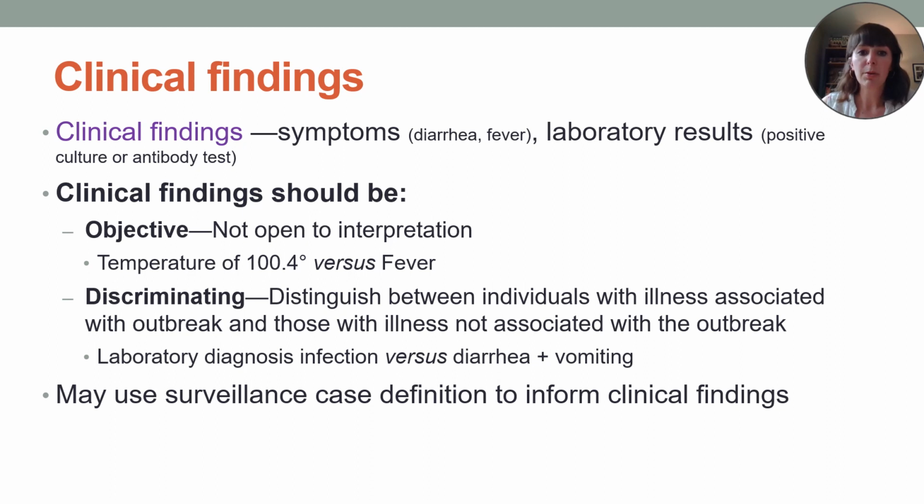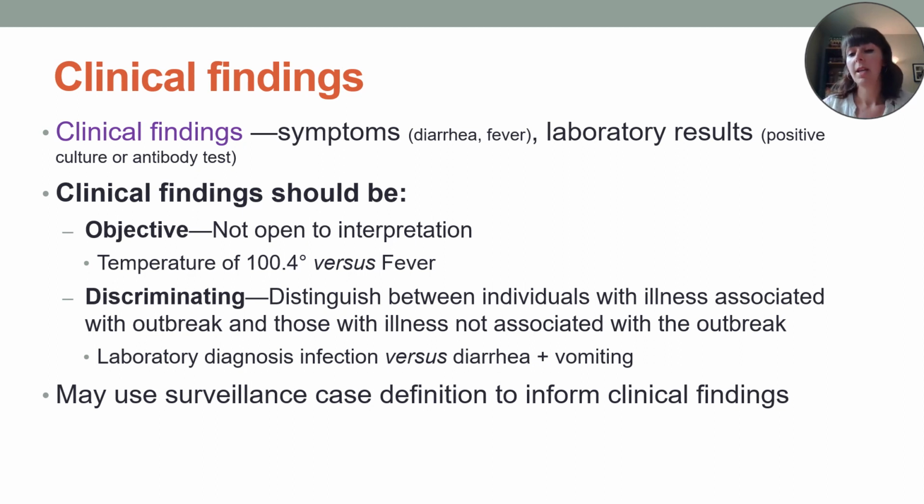Now, these can include descriptions of the symptoms, such as things like diarrhea and fever, or you may be able to restrict your clinical findings to a specific laboratory diagnosis, such as some culture-positive tests or other tests that confirm the disease. Whether you are including symptoms, laboratory tests, or both in your case definition ultimately relies on what information you have available.